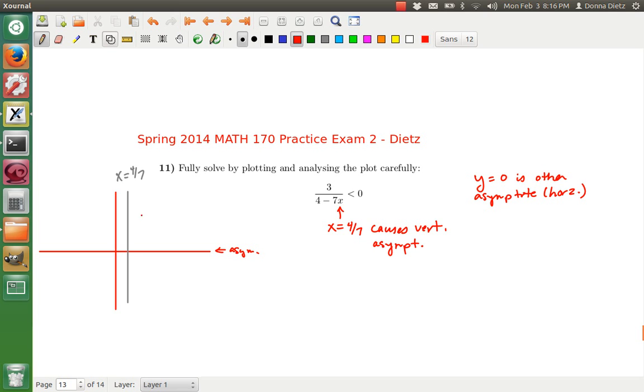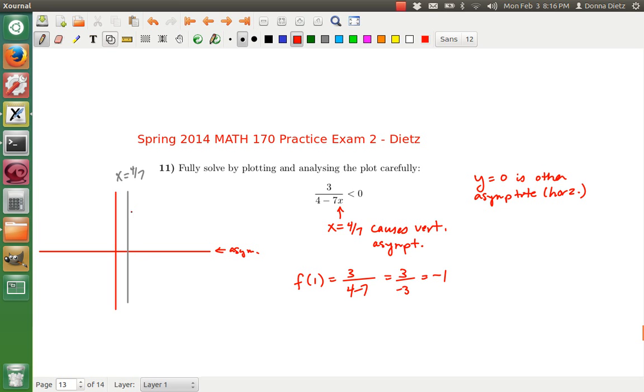Now, is this going to be like this? It would be if it were like 1/x, but it's like 1/-x, so it's in the opposite direction. But let's pretend like we didn't remember that. This is why often in these examples I say, what's f of 1? f of 1 is 3/4 minus 7, 3/-3 is just -1.